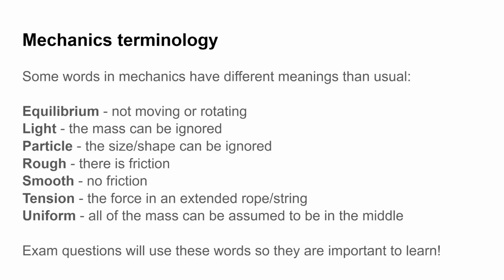Rough means there is friction. Smooth means there is no friction. Tension, we'll go on to that in a bit, but it means the force in an extended rope or string. And uniform means that all of the mass is assumed to be in the middle. Exam questions will use these words, so they're very important to learn.